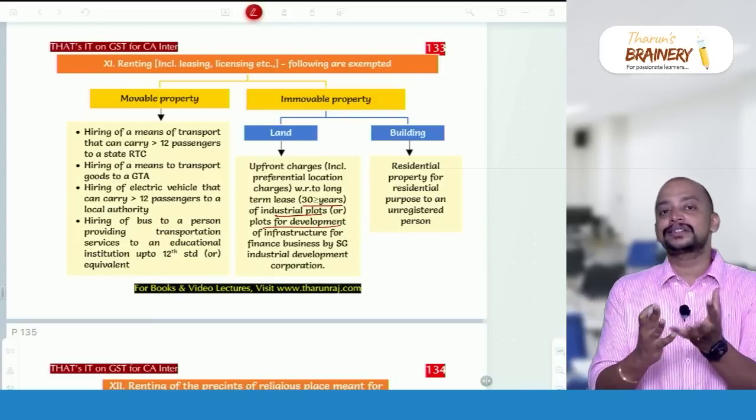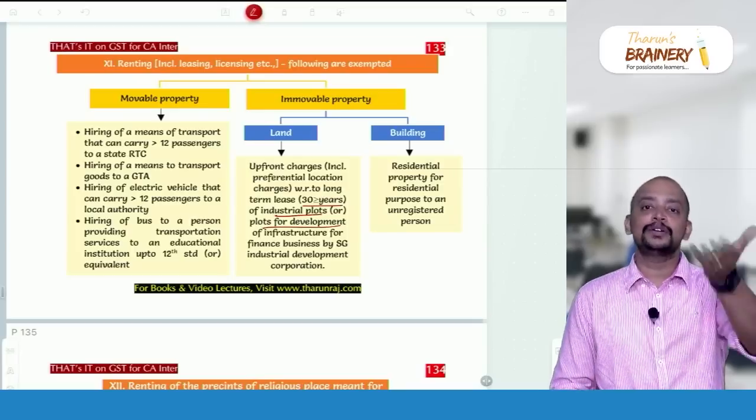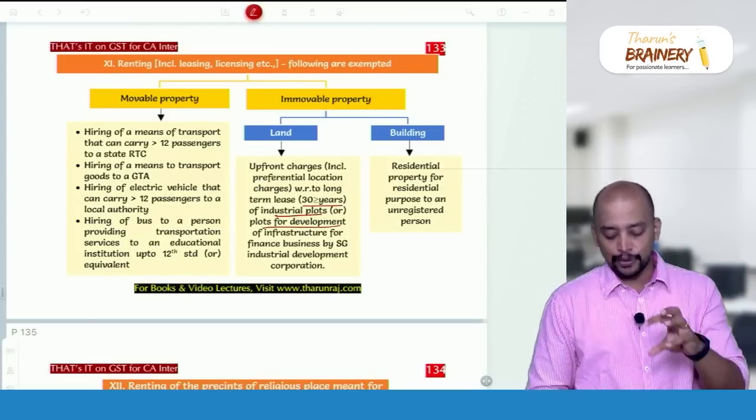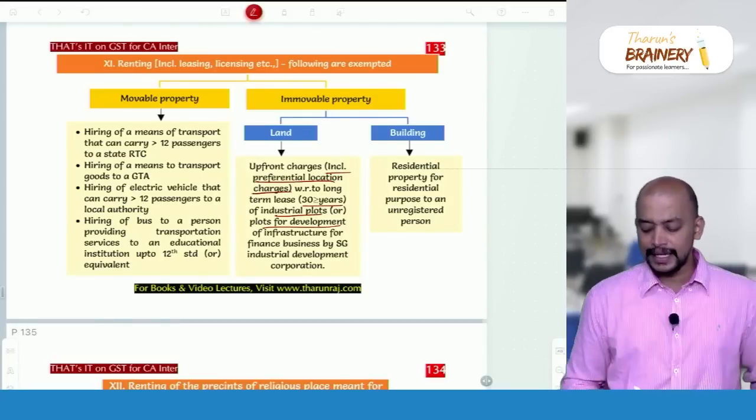So the state government industrial development corporation has industrial plots, which are given on a long term lease. Long term lease means 30 years or more, for which they collect some upfront amount. That upfront amount is exempted, including the preferential location charges. That is an amendment.